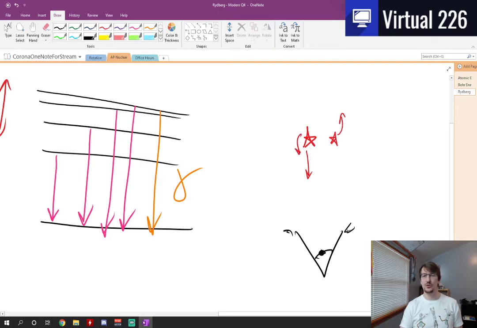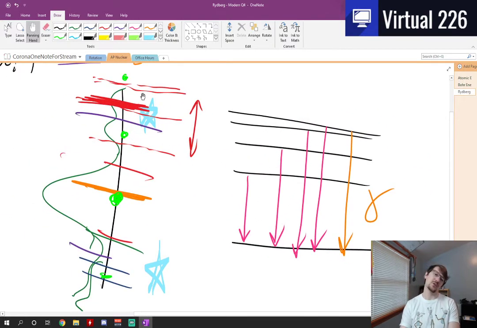It's moving in a circle, like this. So this light coming towards you is blue shifted, and the light as the star moves away from you is red shifted.